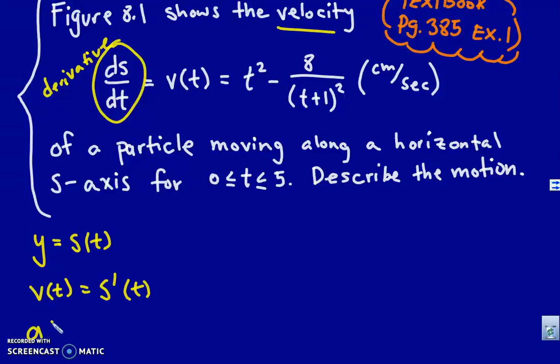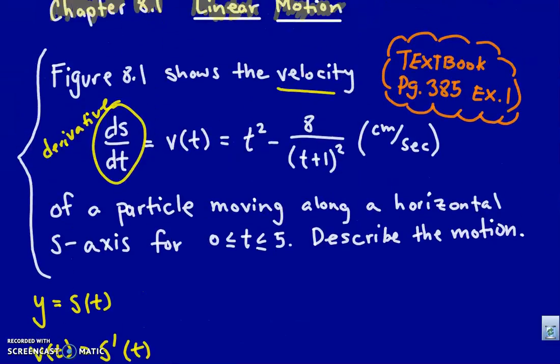And a(t), acceleration, is the first derivative of velocity, or in other words, the second derivative of the position function. So what we have here is the derivative of a position function, and pretty much what we have when we graph this function is going to be the graph of a derivative.